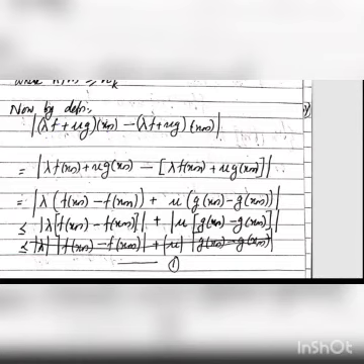Now this is equal to lambda into f of xn minus f of xm plus mu into g of xn minus g of xm, which is less than or equal to, again splitting, modulus of lambda into f of xn minus f of xm plus modulus of mu into g of xn minus g of xm. Call this equation 1.